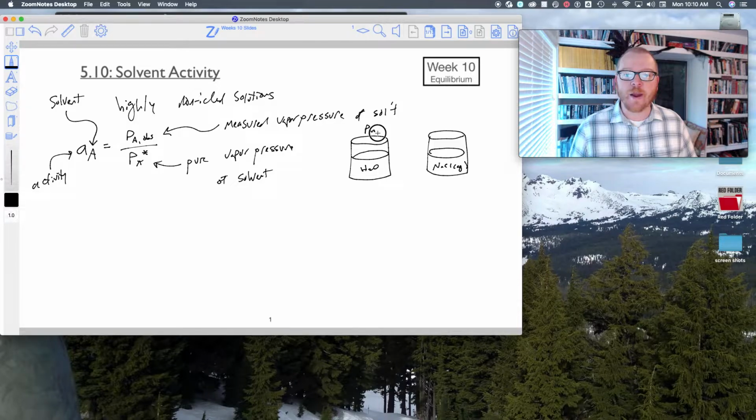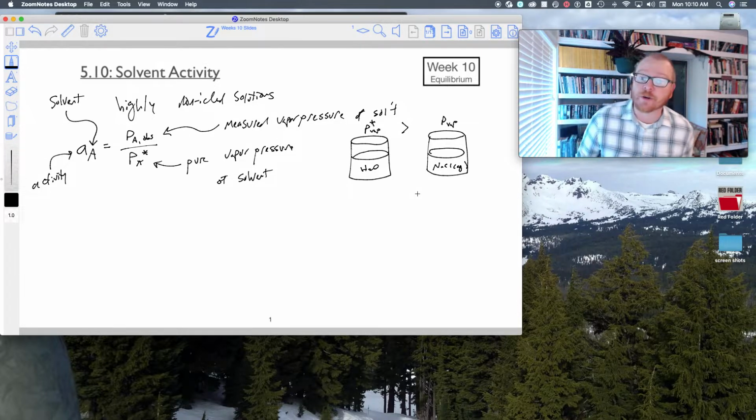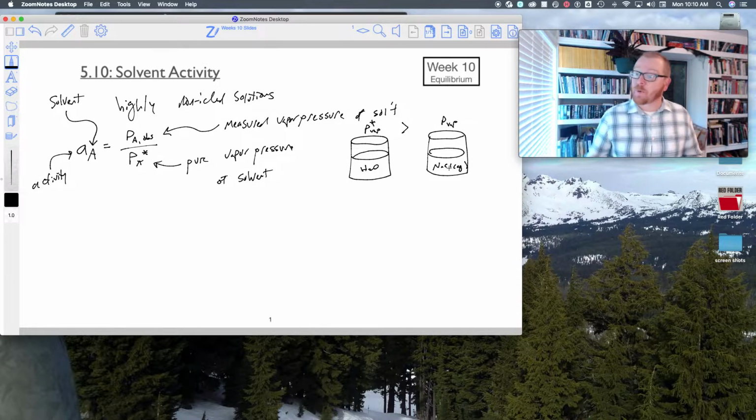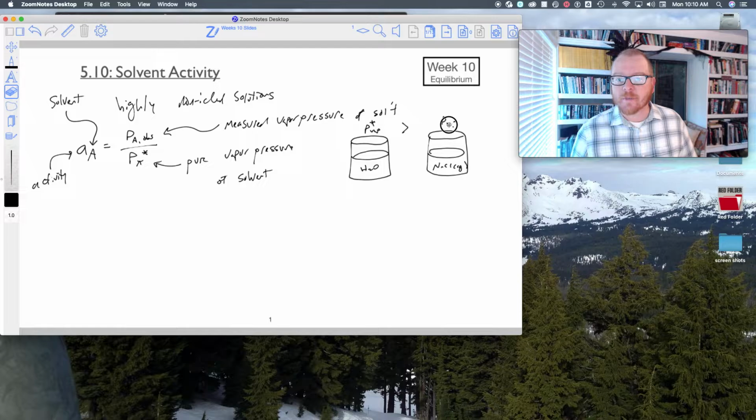There's vapor pressure here, and there's vapor pressure here. We'll say this is the pure vapor pressure, right? We know that the pure vapor pressure of the water is going to be greater than the vapor pressure when we add solutes. So this is one of our colligative properties. In fact, I'll change this to observed, to be consistent with our activity.